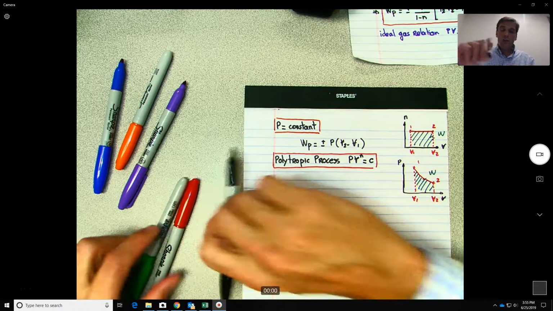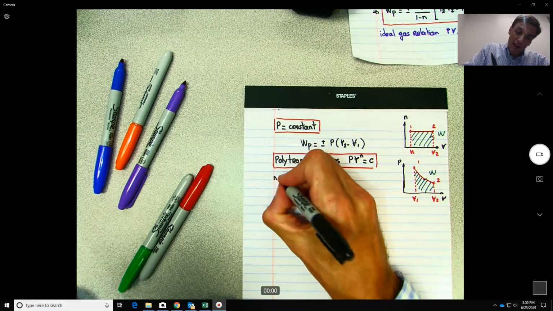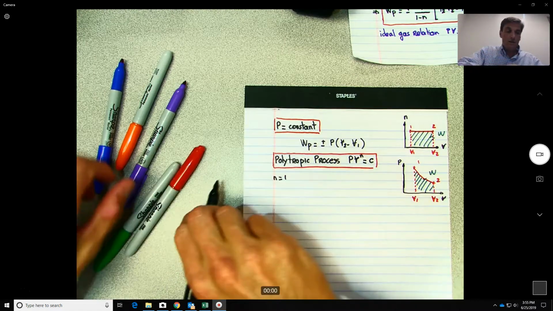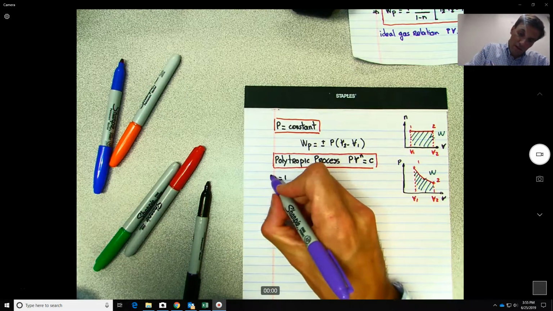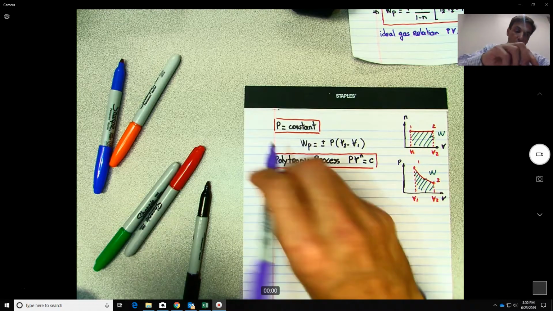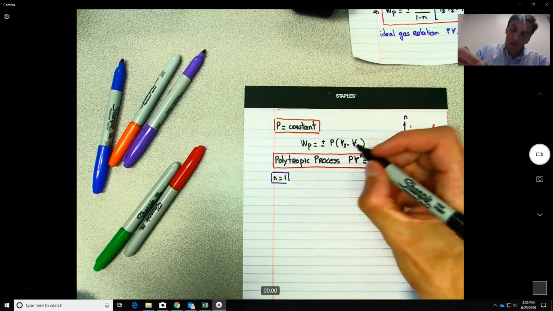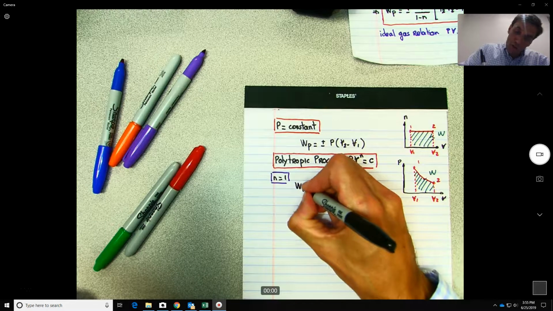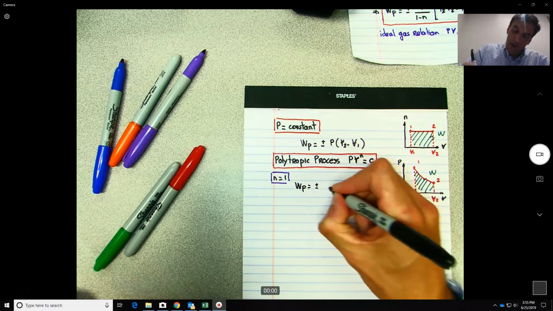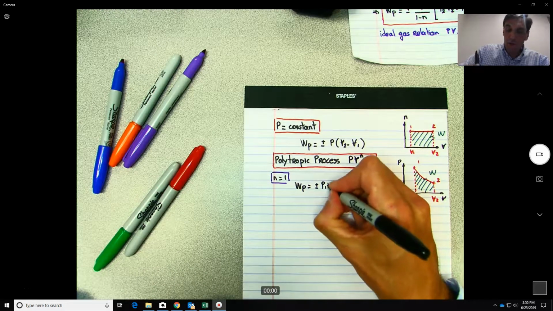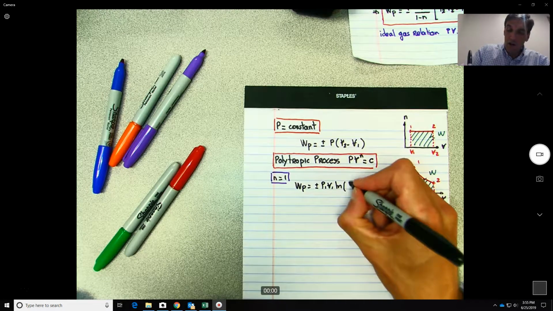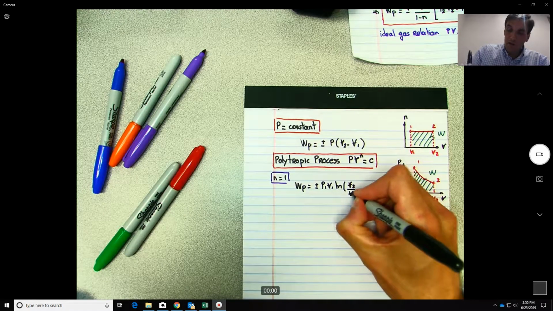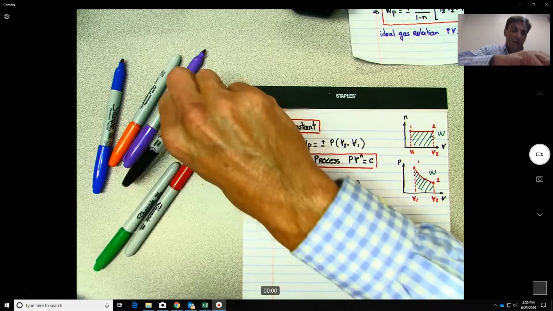Okay, so in here we had two cases. For n equal to 1, we found that the work done by the pressure will be equal to plus minus P1 V1 log V2 over V1.